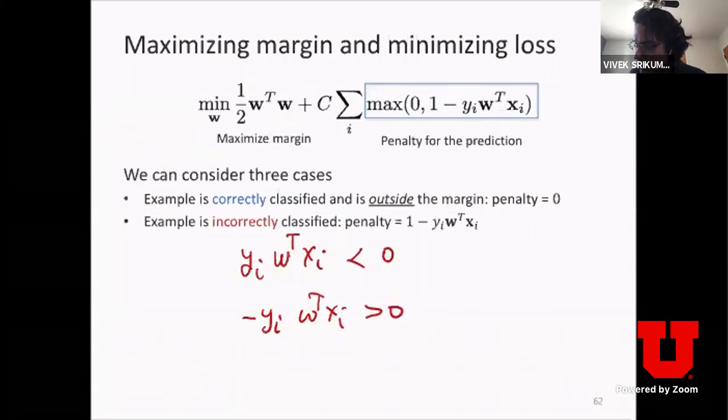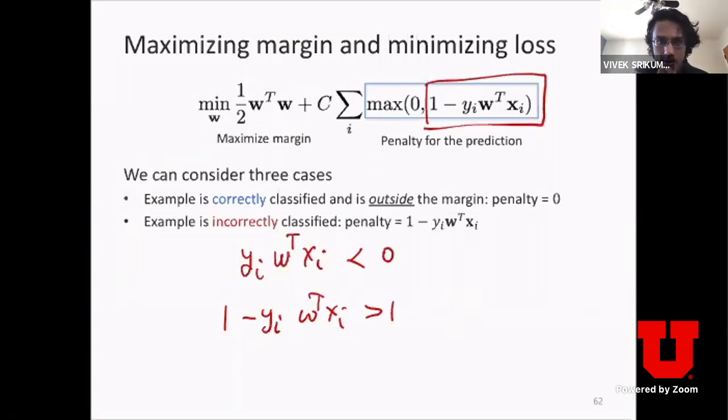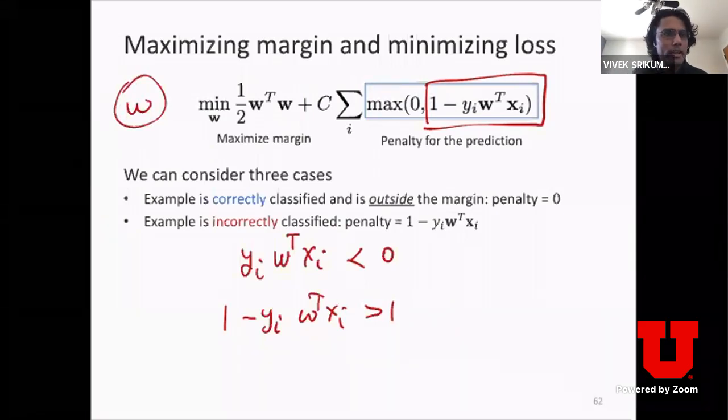That means 1 minus yi w transpose xi is greater than 1. It's positive. That's all we care about, which means this expression is going to be more than 0. So the max of 0 and that thing is 1 minus yw transpose x. If an example is incorrectly classified, then that particular weight w has to pay a penalty of 1 minus yw transpose x. Think of it as the price it pays for misclassifying that example.